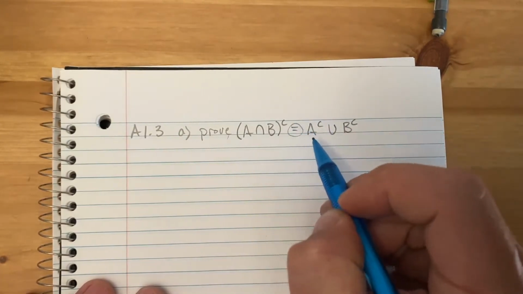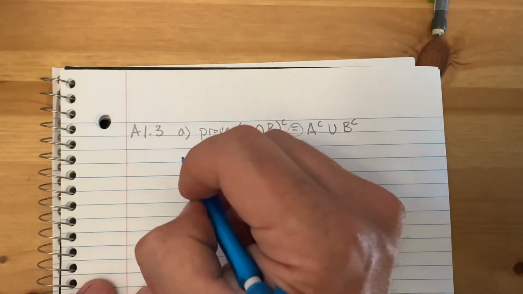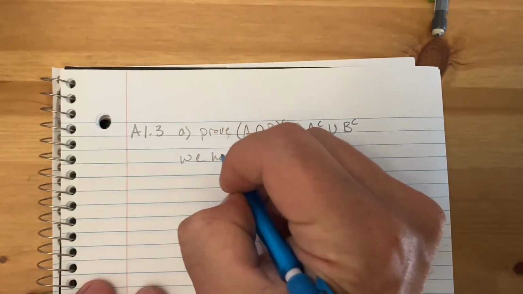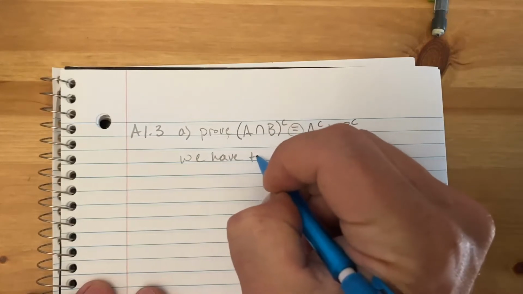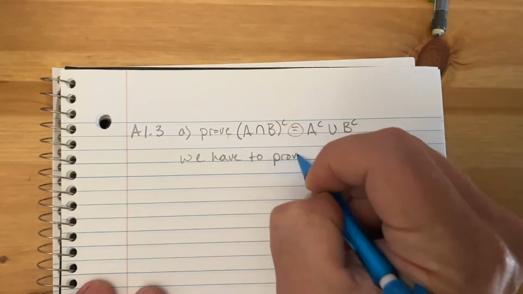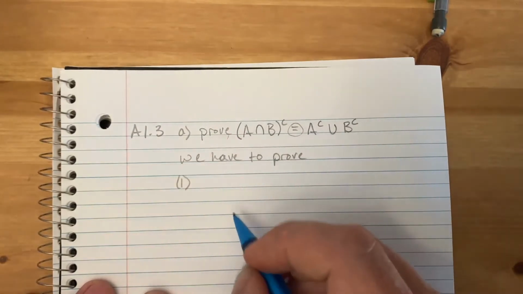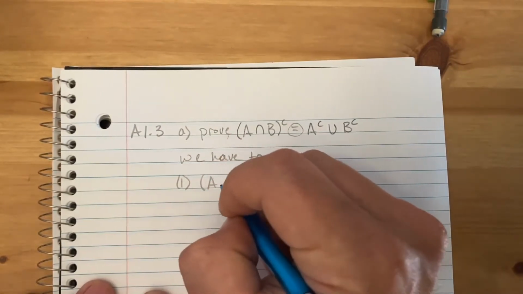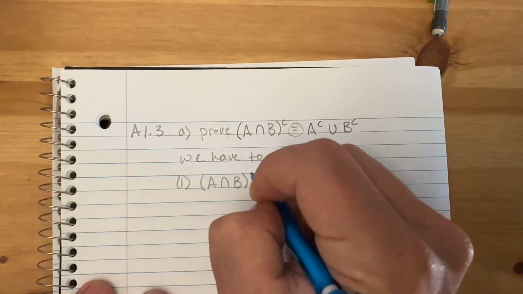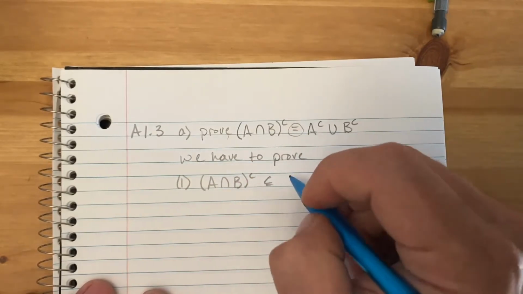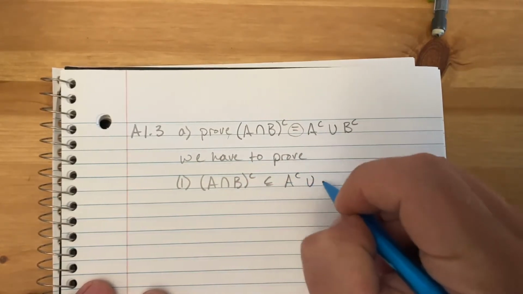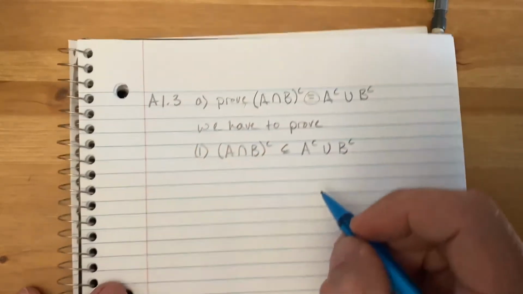Now, because this is an equality, what we have to prove first is that A intersect B complement is a subset of A complement union B complement, right?